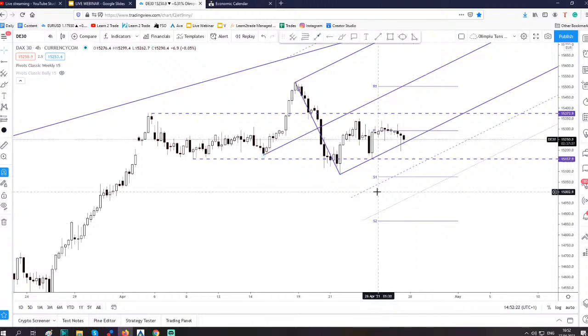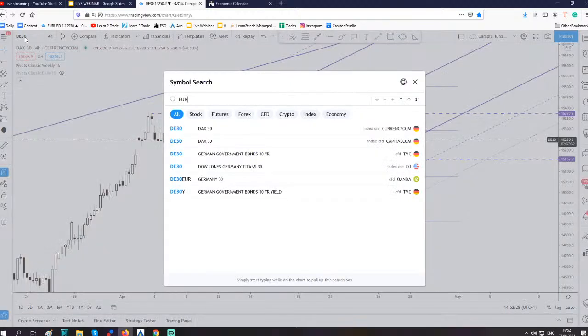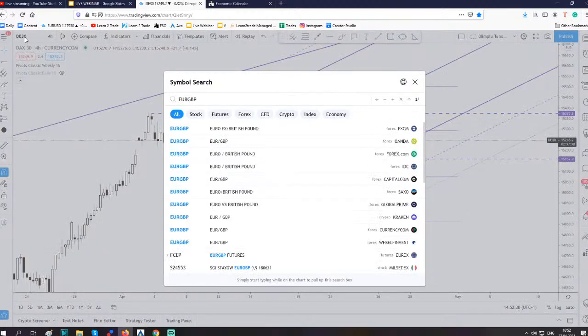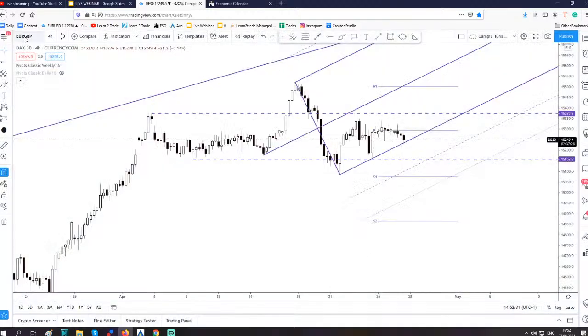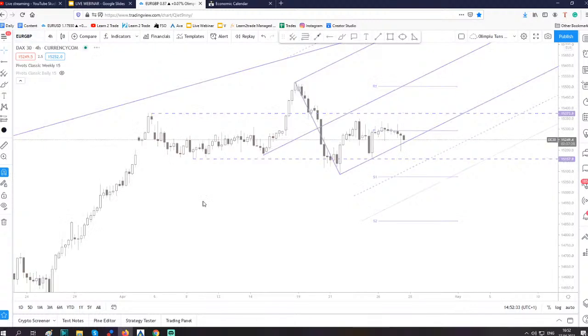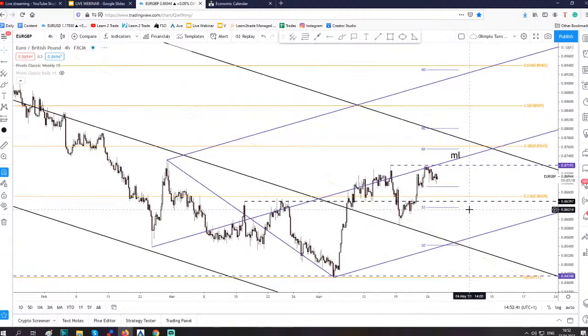And let's take a look also at the euro versus the GBP. So I told you on Friday in my previous live webinar that we have here a strong dynamic resistance represented by the medium line of the ascending pitchfork.